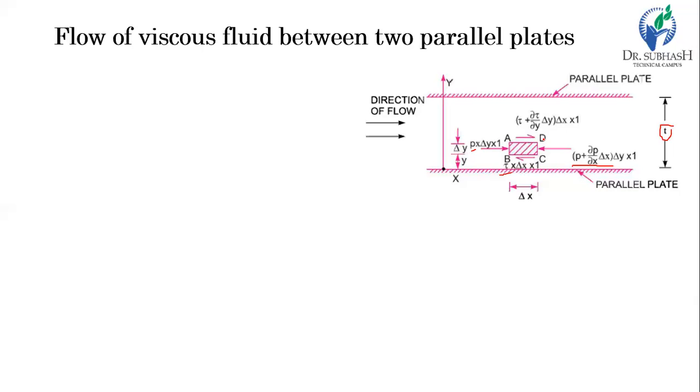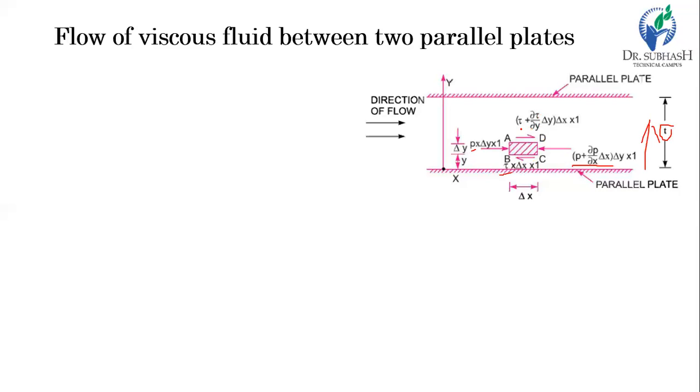Now if we consider the top side, here again we have to consider the shear stress distribution or the shear stress increment, which is tau plus del tau by del y. Here del tau by del y is the rate of change of shear stress with respect to the y direction.